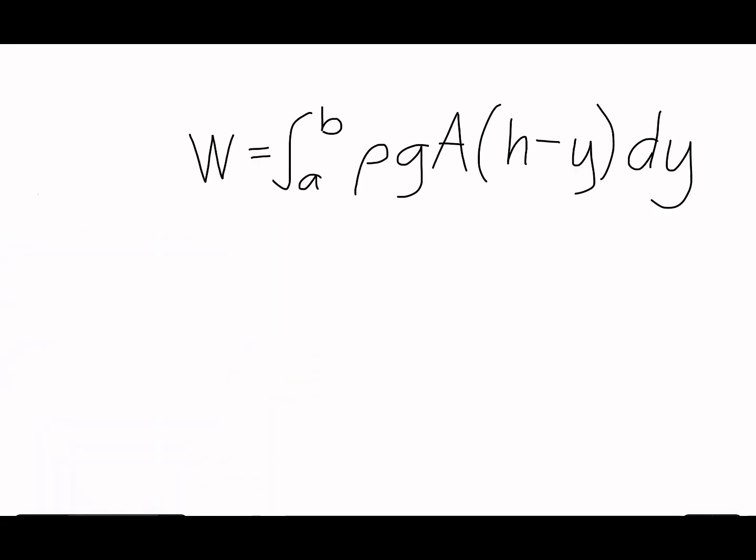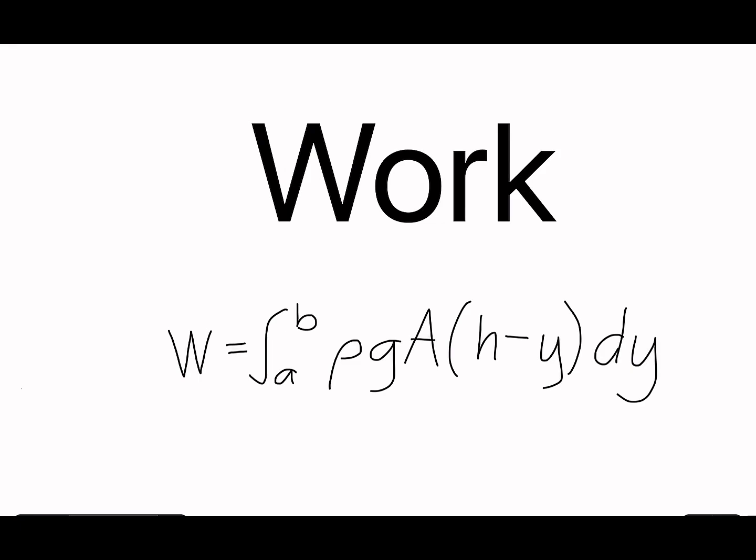So we are now in our sixth and last topic, which is work. To compute the work to pump liquid upward, we can use this formula. W is equal to the integral from a to b.